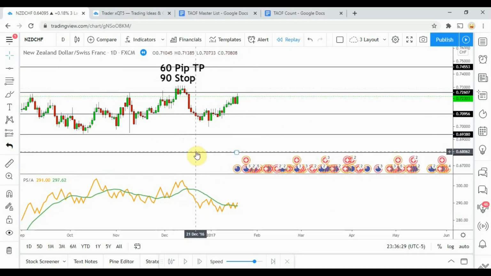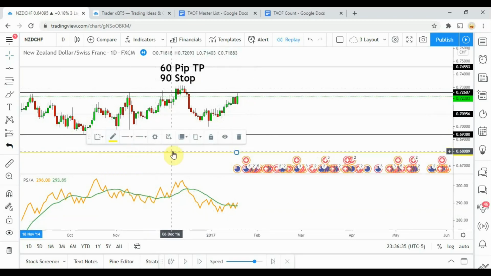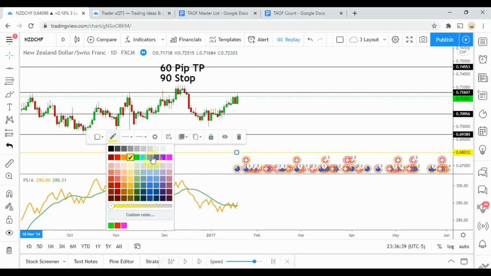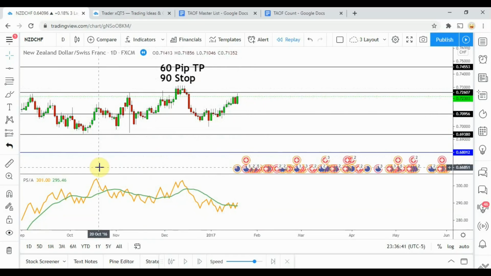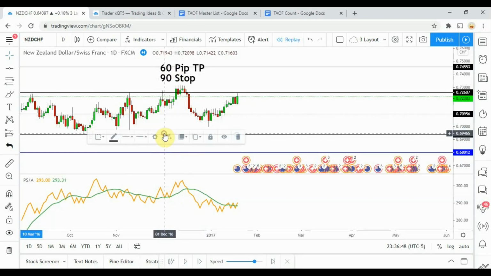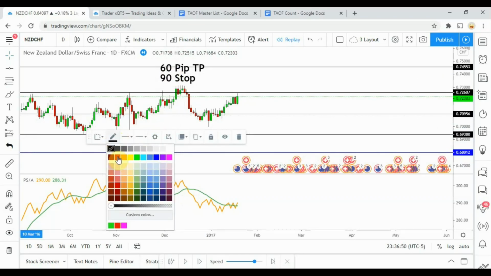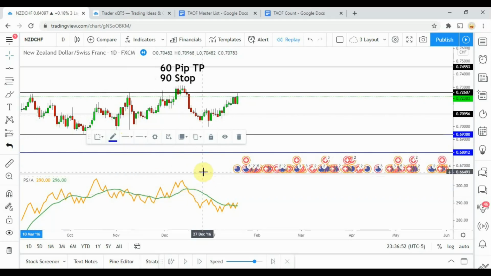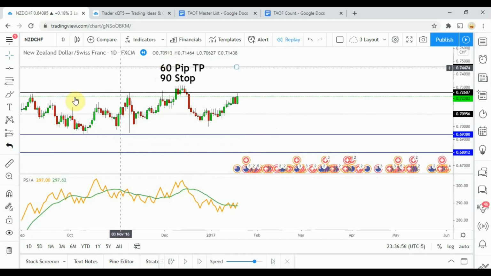Sometimes it is good to color your lines a different color. It can get a little challenging if you have colored all your support and resistance lines black, and they blend in with the splitters, the dividing lines between the indicators and so on.